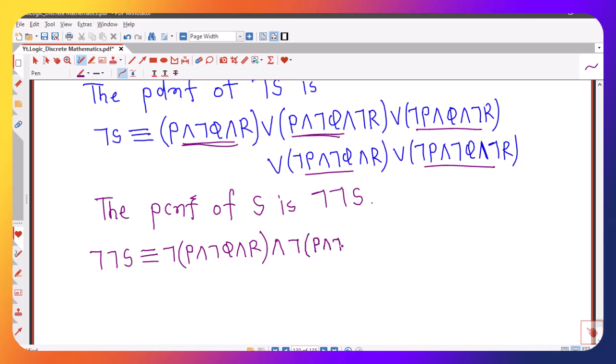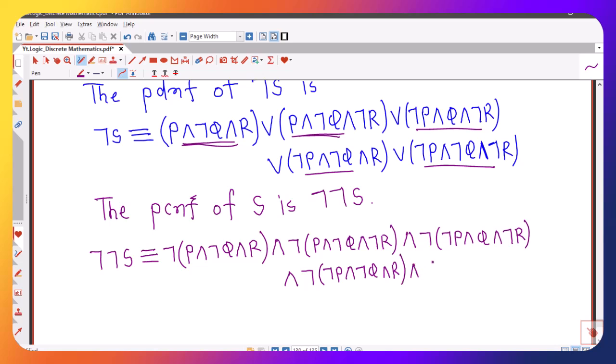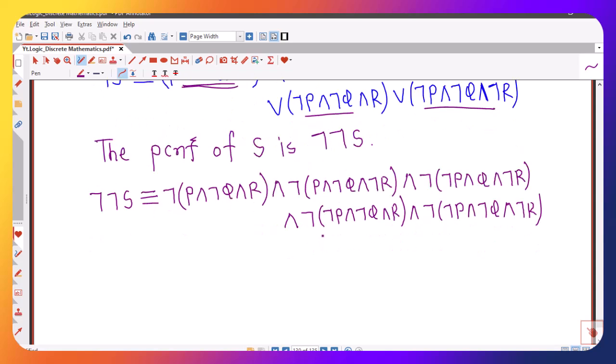Negation of P and negation Q and negation R, then AND operator, negation of negation P and Q and negation R, again AND operator, negation of negation P and negation Q and R, AND operator, negation of negation P and negation Q and negation R. So this is using De Morgan's law.